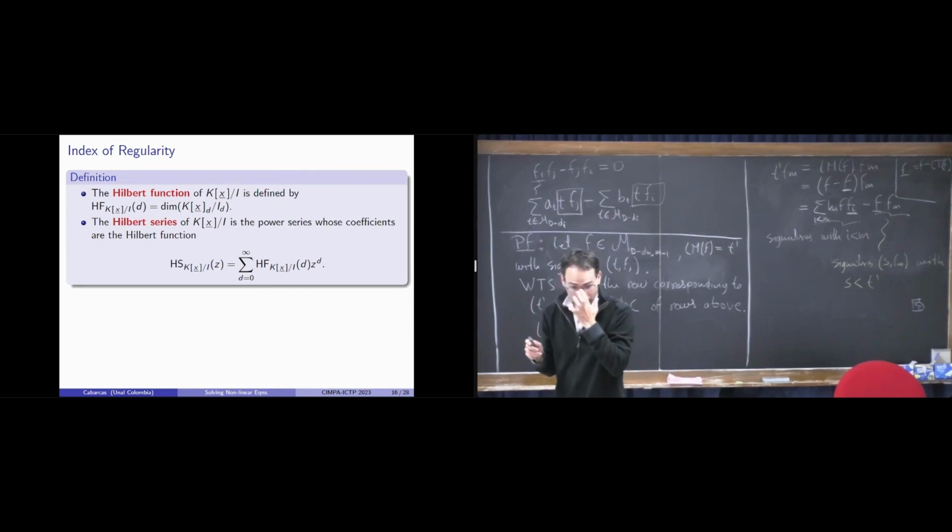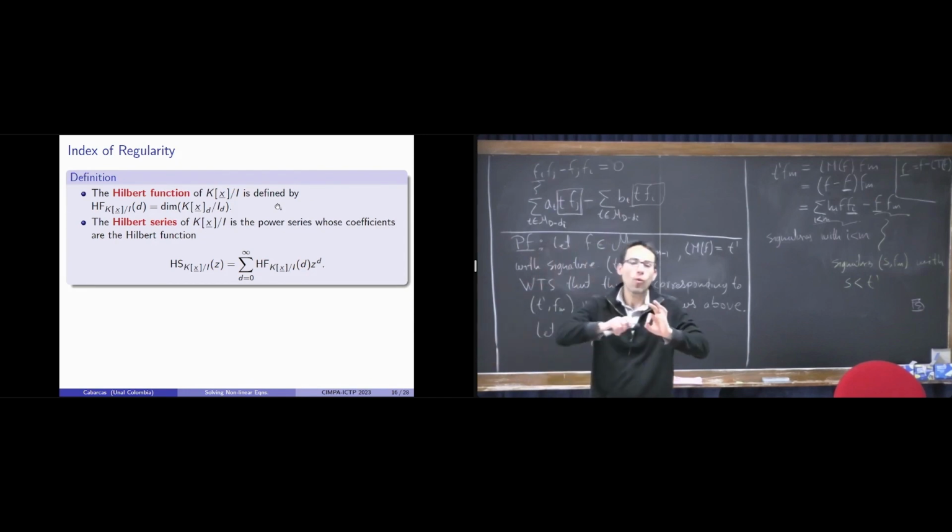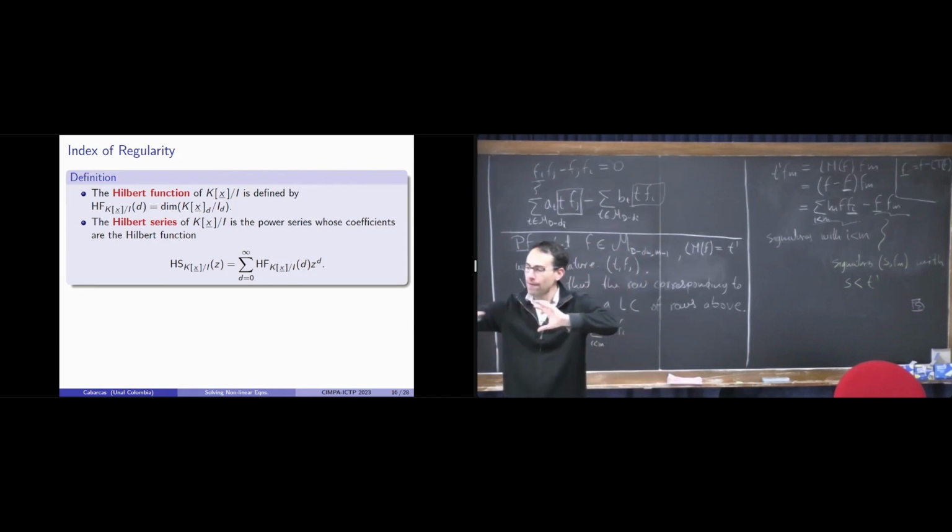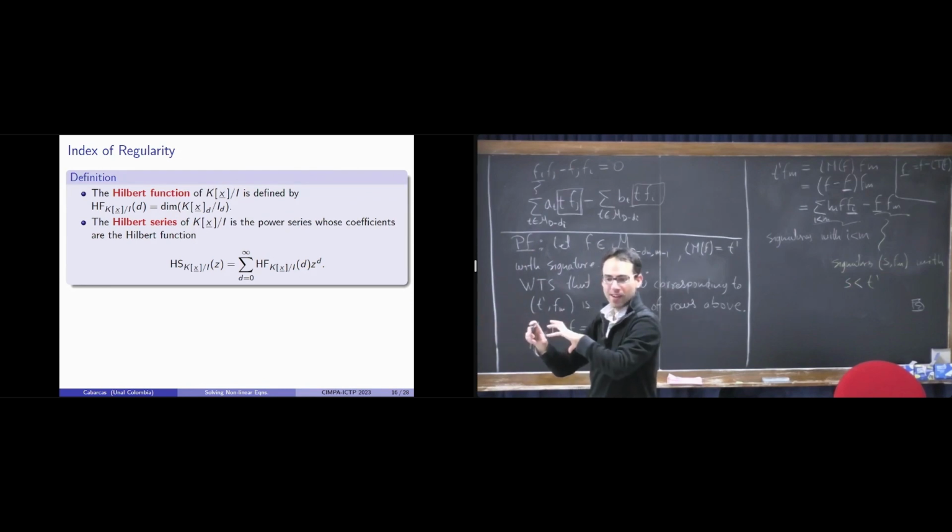Now, we often use the Hilbert series, which is just the power series where the coefficients are the Hilbert functions at the different degrees D. This is just a formal series. It's a way to have the evaluation of all the Hilbert functions in a nice, simple, compact form.